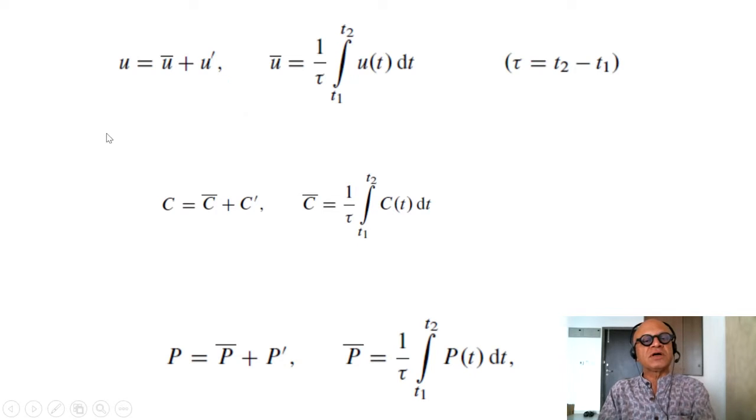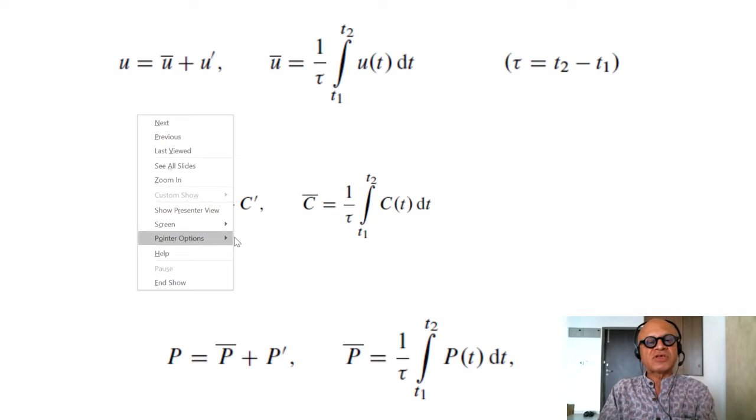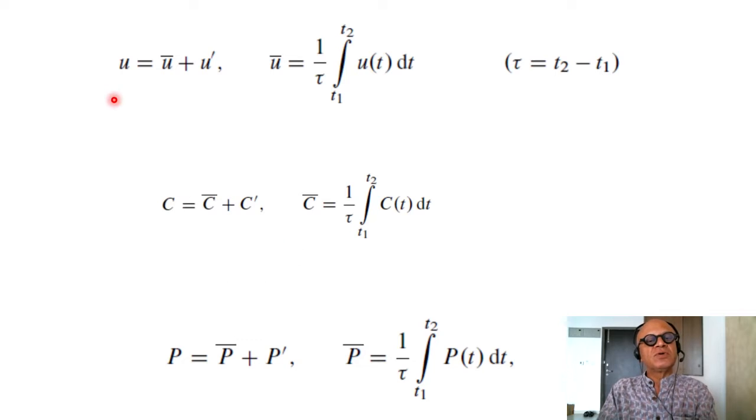Okay, so how do we go about describing those? Here we are looking at u. It can be written as u bar plus u prime, where u prime are the deviations from the mean. So u bar is basically the average over the averaging time from t1 to t2 of u, the total dt, where tau is of course t2 minus t1, and similarly c is c bar plus c prime, where c bar is 1 over tau, integral from t1 to t2 of c(t) dt.